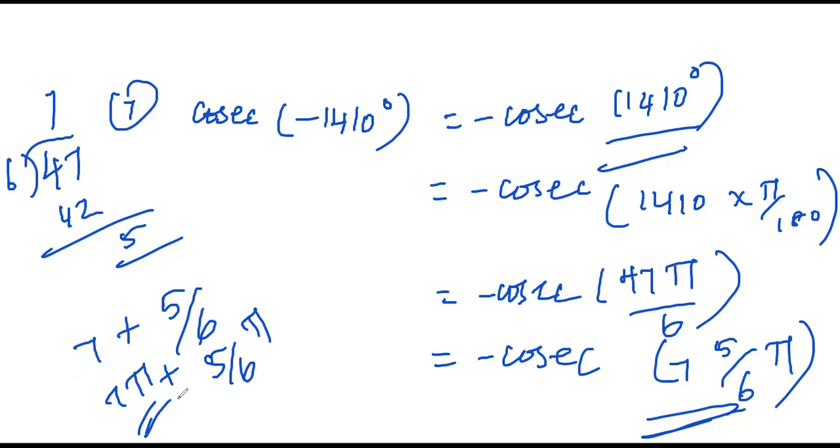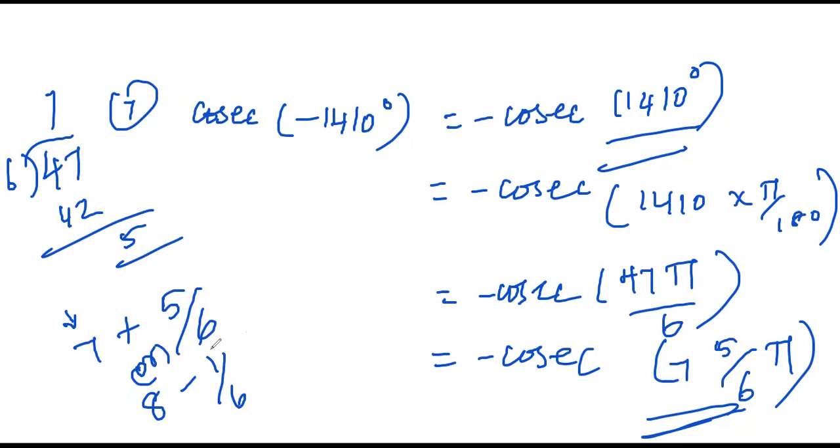This is an odd number. You have an odd number here, Srishti. If you want to convert this into even, you can simply write this as 8 minus 1 by 6. Do you know how to change 7 plus 5 by 6 as 8 minus 1 by 6? Both are the same only.